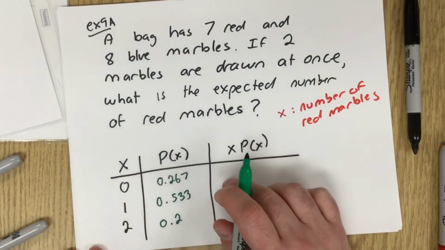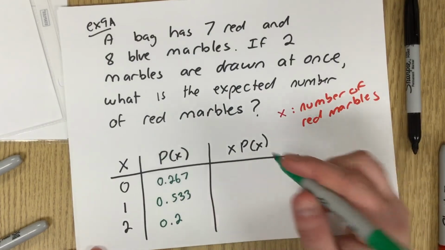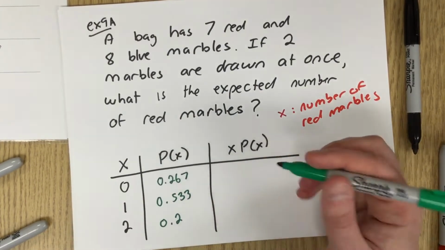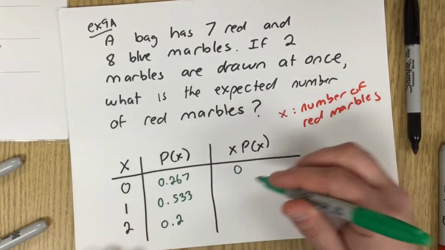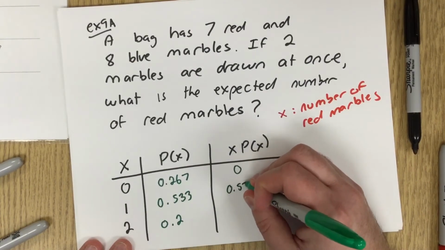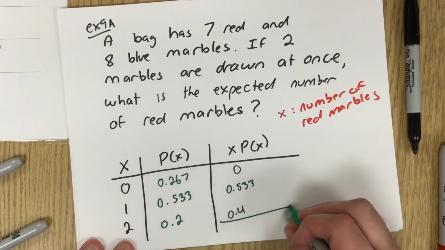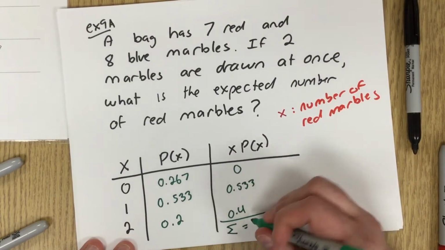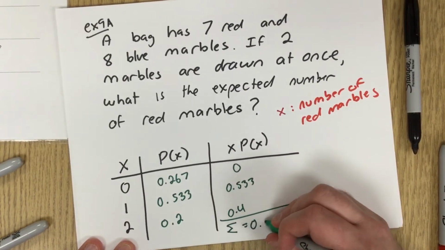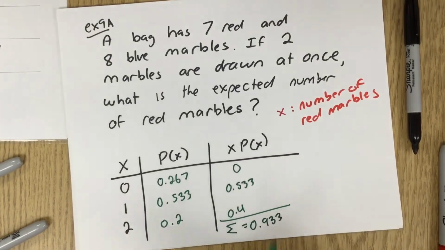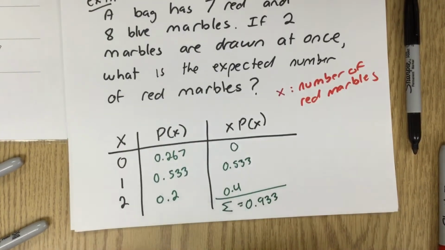If we multiply, 0 times this is going to give us just 0. 1 times 0.533 is 0.533. 2 times 0.2 is 0.4. If we add these up, we get 0.933. What does that mean?